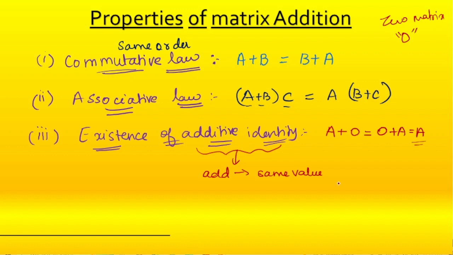So your additive identity is going to be nothing but your null matrix. So your null matrix is the additive identity.